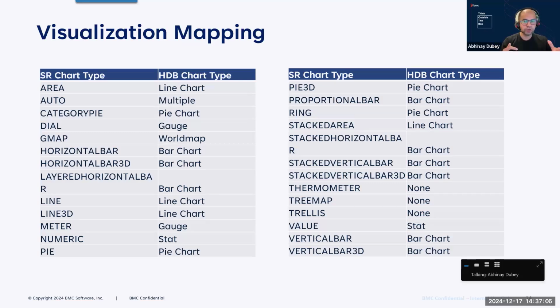Smart reporting was very much ITSM focused, but Helix Dashboard, as Nikhil was explaining to us, is much wider. It caters to the entire service ops spectrum of use cases. So the visualizations are built differently, but most of the common visualizations would have something similar on both platforms. Let's go to the next one.